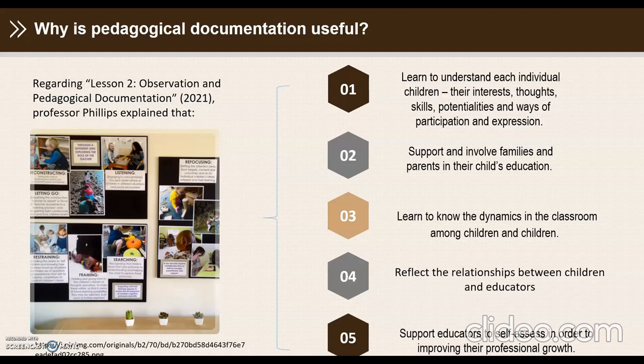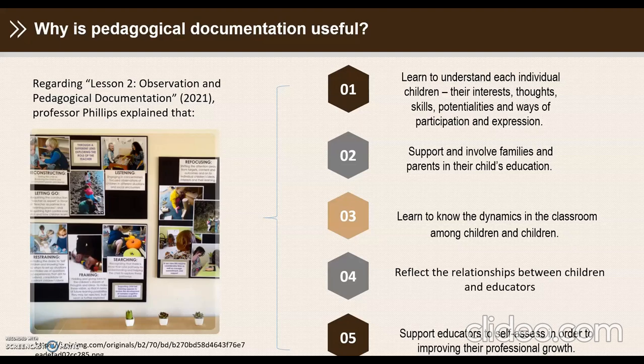It also supports and involves families and parents in their child's education. Parents become aware of their child's experiences at kindergarten and get possibilities to contribute to the activities. Pedagogical documentation is used as a tool for families to understand a little bit of what we do with their young children in the early learning classrooms as early childhood educators.